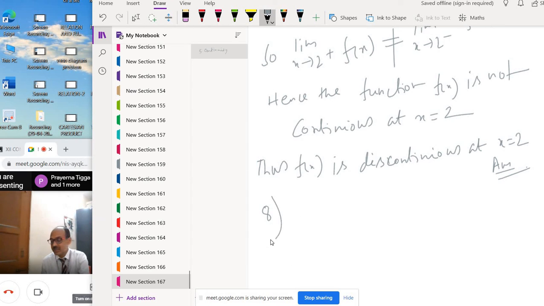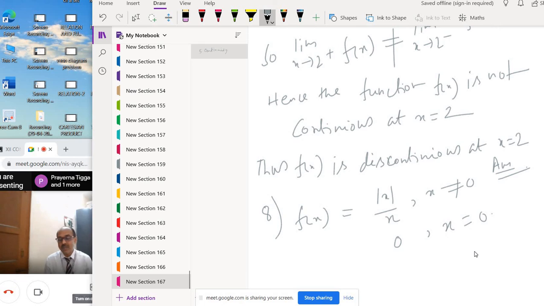Question number 8 is f(x) equal to mod x by x when x is not equal to 0, and equal to 0 when x equal to 0. This is the question.